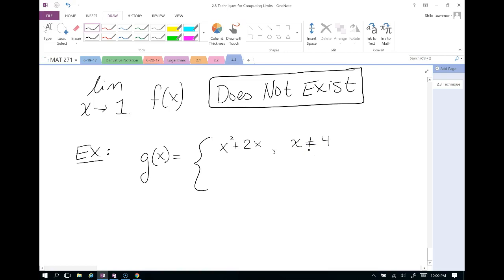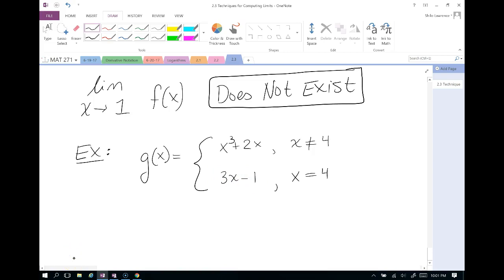As long as x is not 4, it's x cubed plus 2x. If x is 4, it's going to be 3x minus 1.